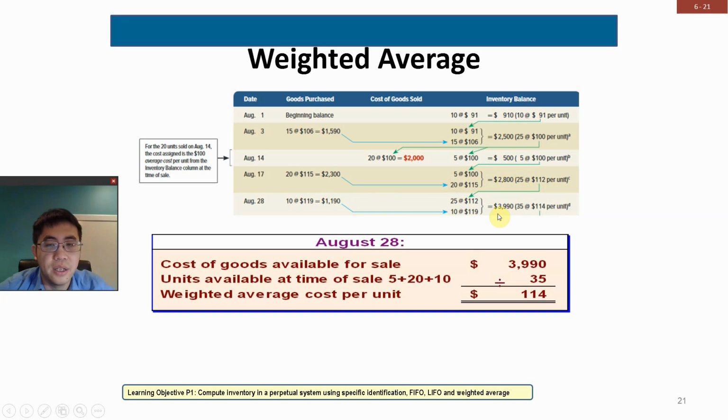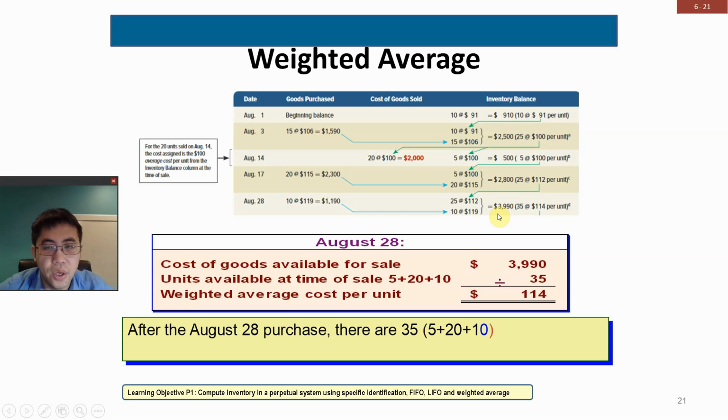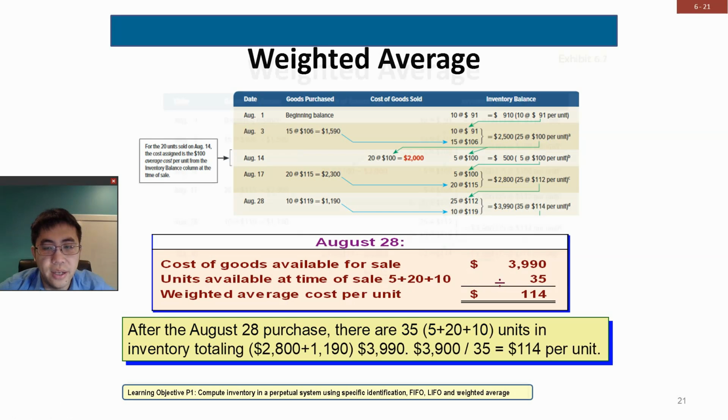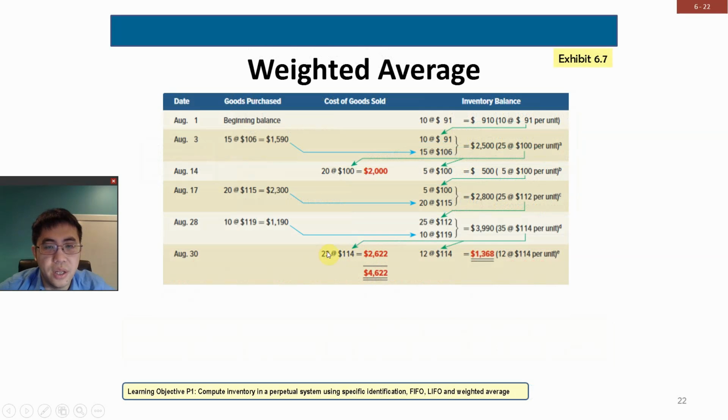And then you make a sale of 23 units. So when that sale is made, the 23 units will not discriminate whether it's coming from the second purchase, or the third purchase, or even the first purchase. Actually, you get the inventory from all blocks, even including the beginning inventory.